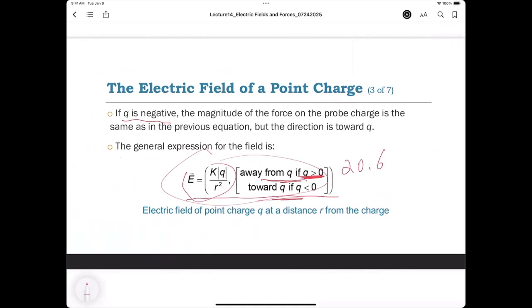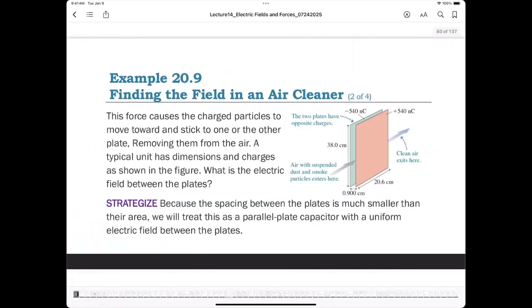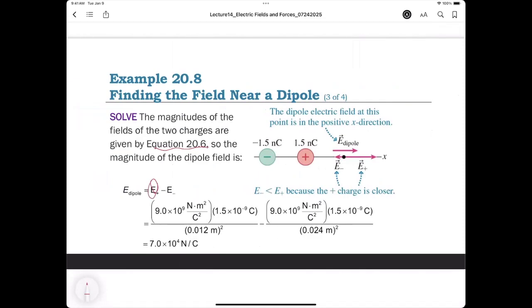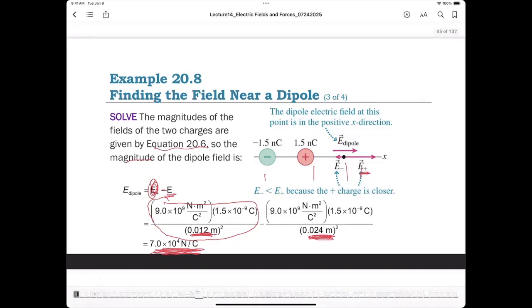I need to label it here. So for one charge we can calculate the electric field, and for two it's a similar thing, just using different equations. You can see here is E positive, because from this one to this one is 1.2 centimeters, but from here to here is 2.4 centimeters. And then for the magnitude it should be minus. So this is the net electric field. That makes sense to you?